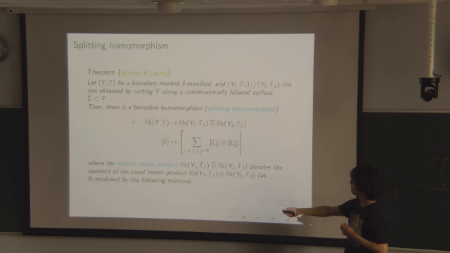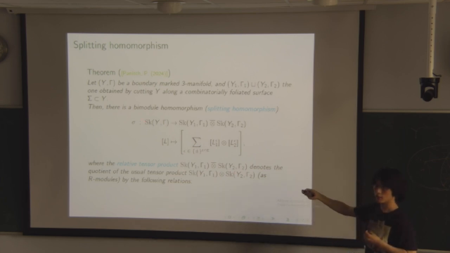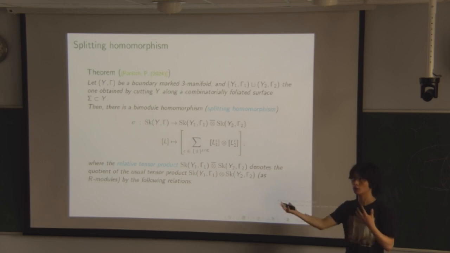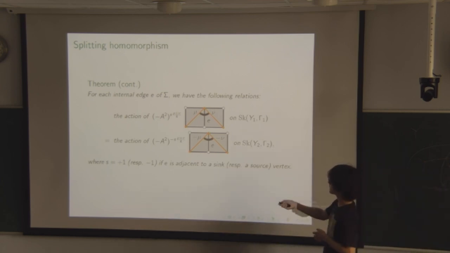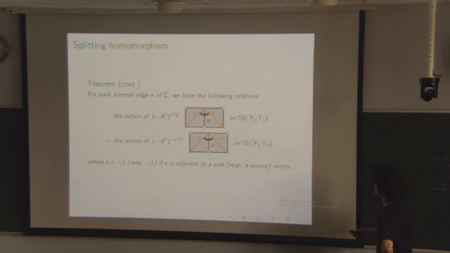And what I mean by relative tensor product is, this is not an ordinary tensor product as R-modules, but rather it's more like taking tensor products of two modules over the same algebra. So remember that I told you the skein module has a module structure for each vertex of the boundary marking.